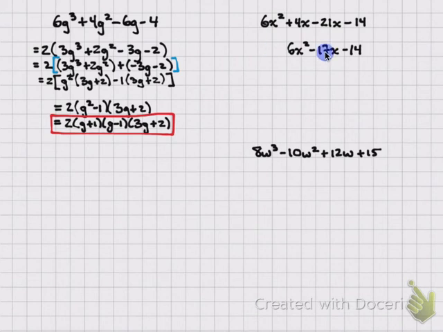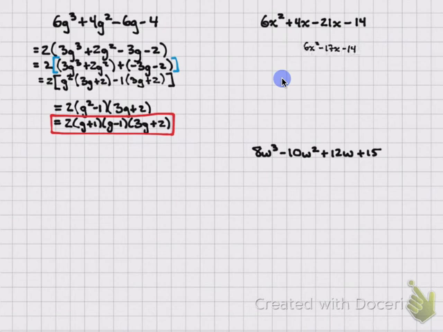But when I look at this polynomial, it's a trinomial. No common factors. We don't have a nice coefficient of 1 on our x squared. It's not a perfect square trinomial. We actually don't yet have the skills to factor this trinomial. So let's put that off to the side for a moment, and we'll consider that a little bit later.